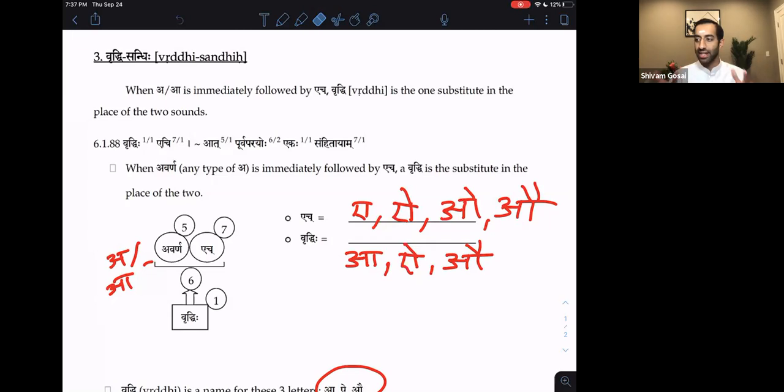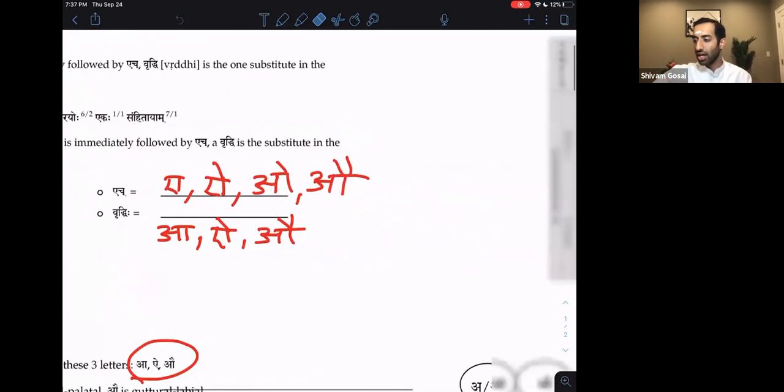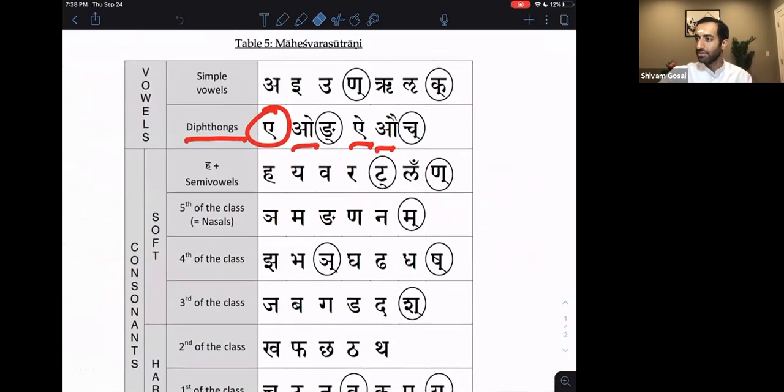Now, if you look at the next set of vowels, we've seen when a meets a, e, u, r, l. Now what we're doing is when avarna meets all of these diphthongs, essentially. Right?